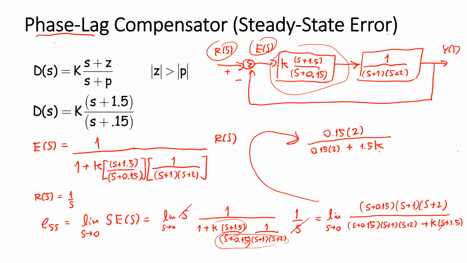So what should be the gain k? What should be the gain k in this case for the lag compensator? What should be the gain k that still secures the damping ratio?